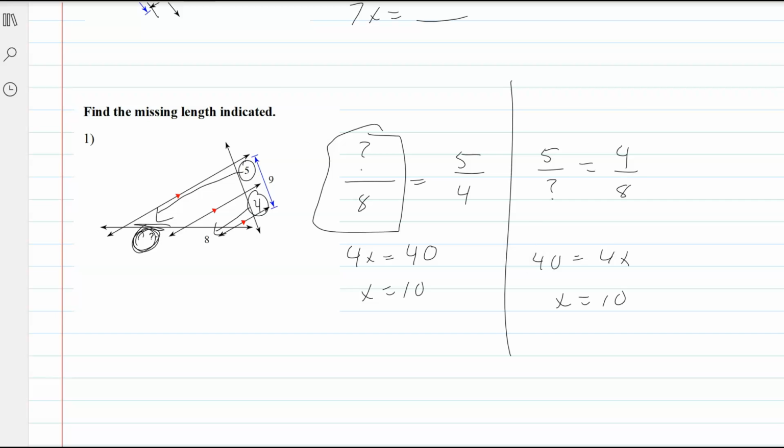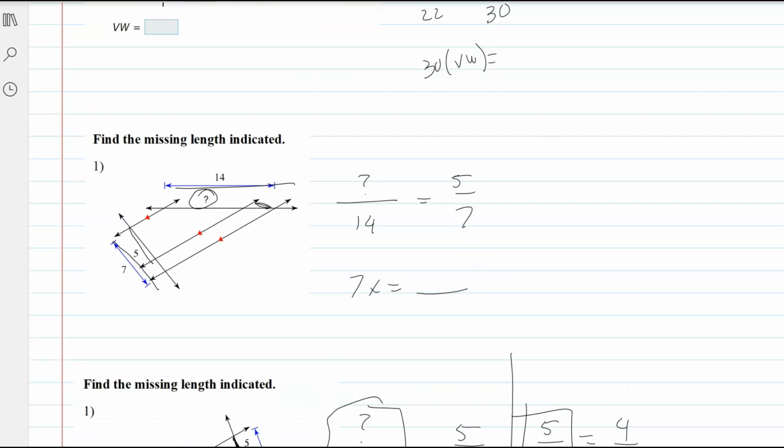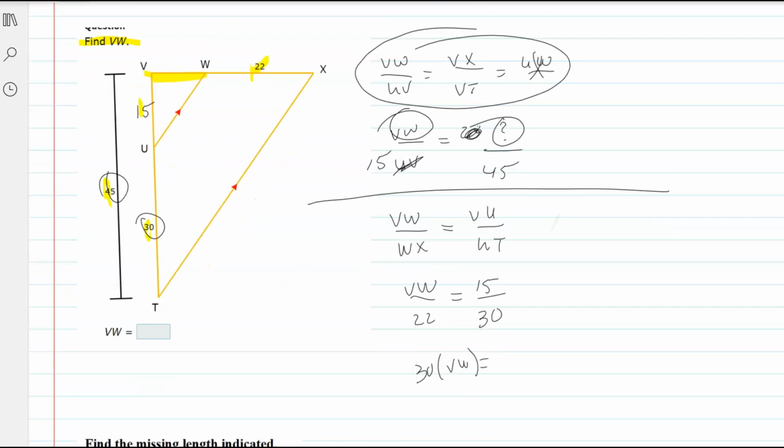So I went this over this. So then I'm going to go to the other side and do this, 5 over 4. Whatever I choose for the first one, I just follow the same pattern for the second ratio. In this case I did 5 over, and I went across this way. And then I went to the other one over here, and then again across that way, 4 over 8. You're going to get the same answer no matter which way you do.